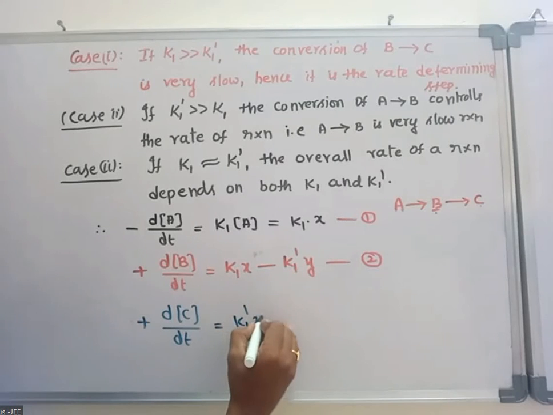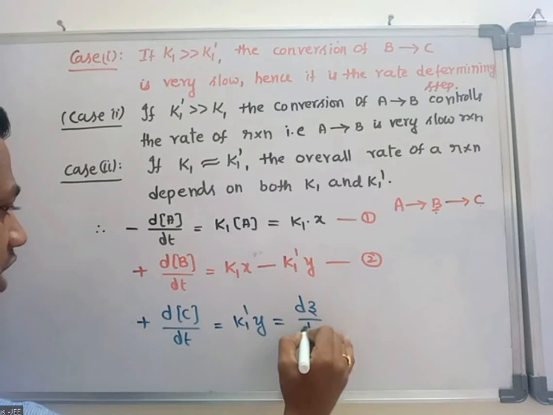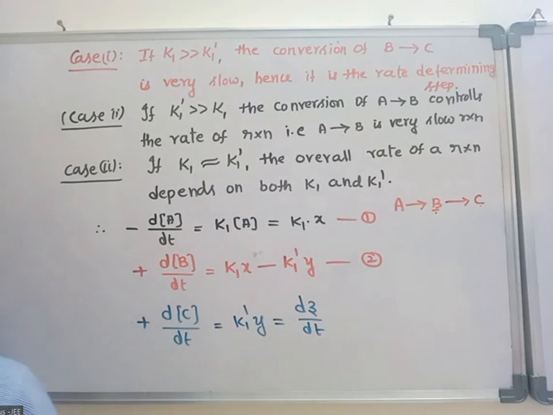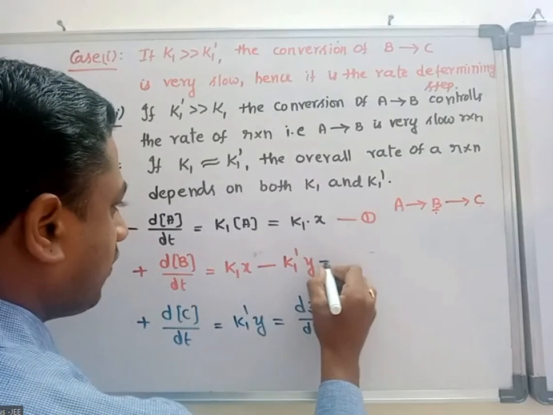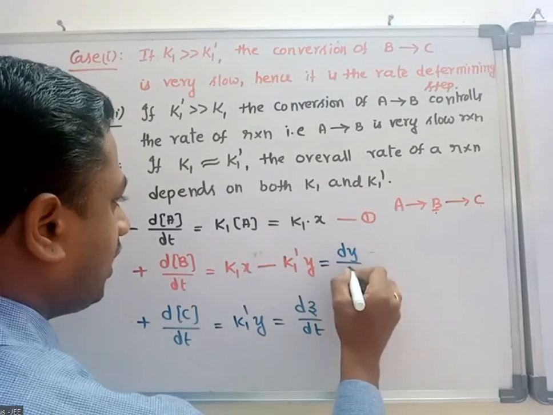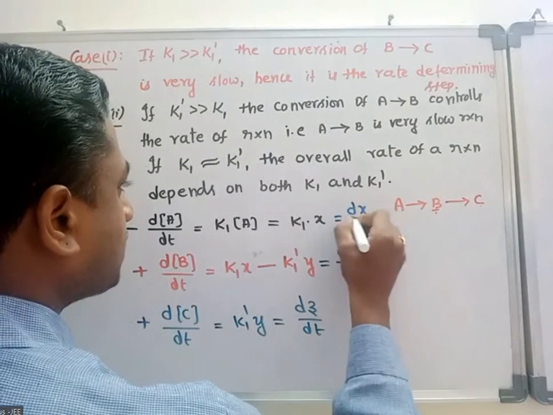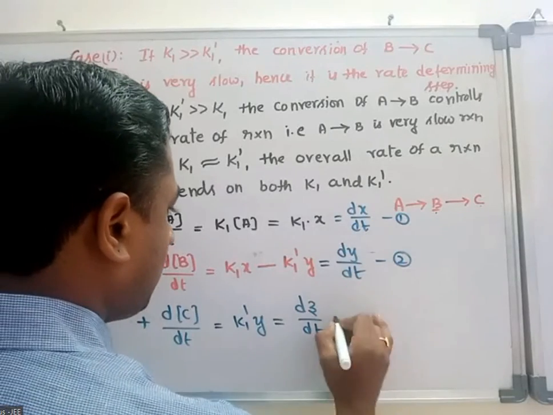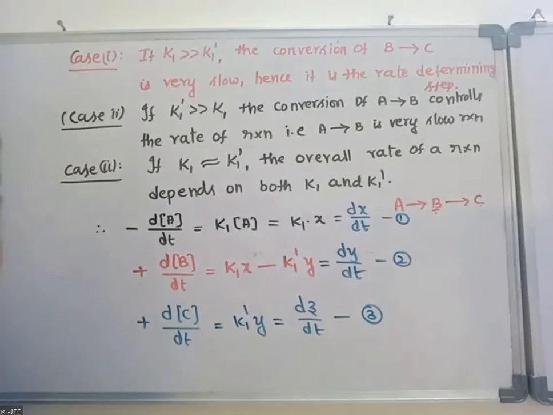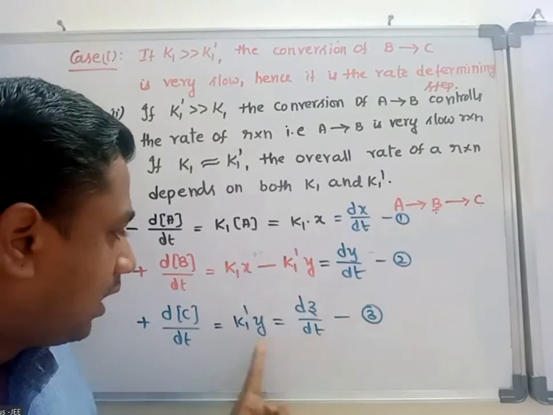It is K1 dash into Y, which can also be written as d of Z by dt. First one, second one, third one. Three equations. Understood, Amma? Why are you getting K1 into X, K1 dash minus Y, and K1 Y?